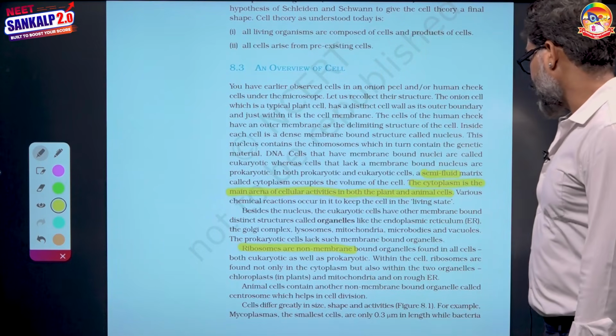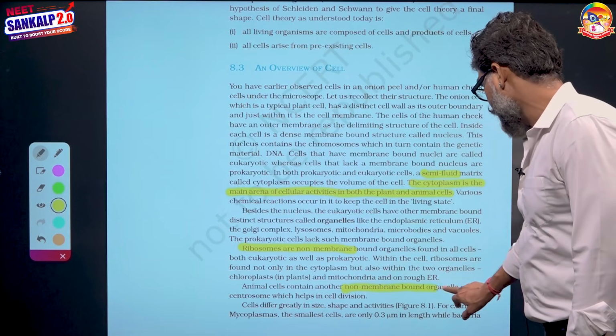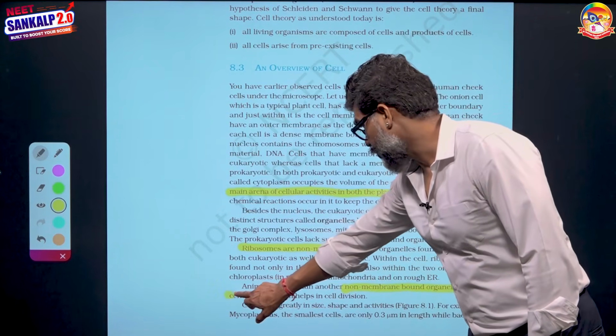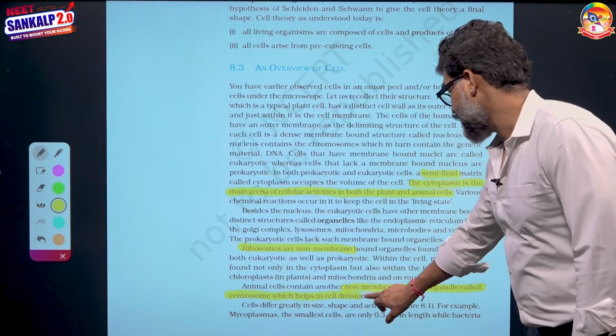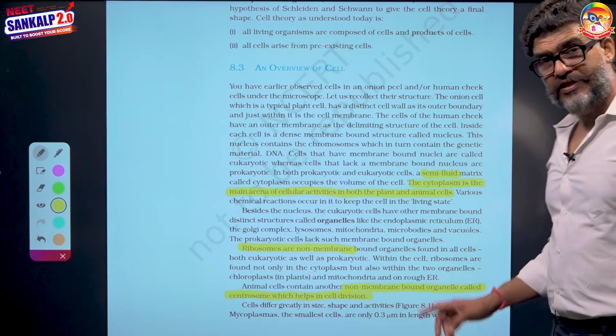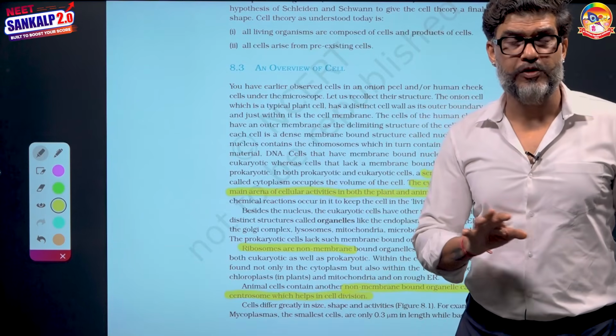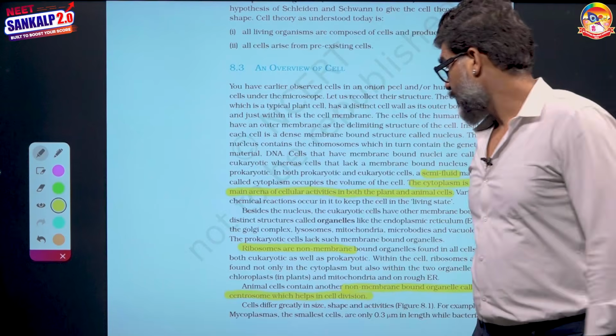Animal cells contain another non-membrane-bound cell organelle called the centrosome, which helps in cell division. This structure is absent in plant cells. Almost in all plants, centrosome is absent.